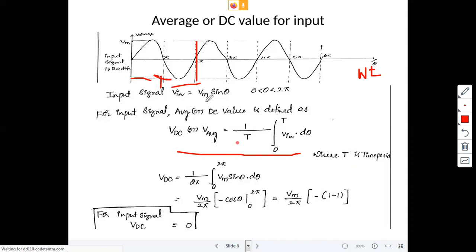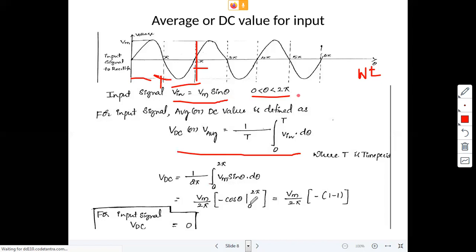Here the time period is 2 pi, so it is 1 by 2 pi, integral from 0 to 2 pi of Vm sine theta, where the input is defined as Vin equal to Vm sine theta, with 0 less than theta less than 2 pi.